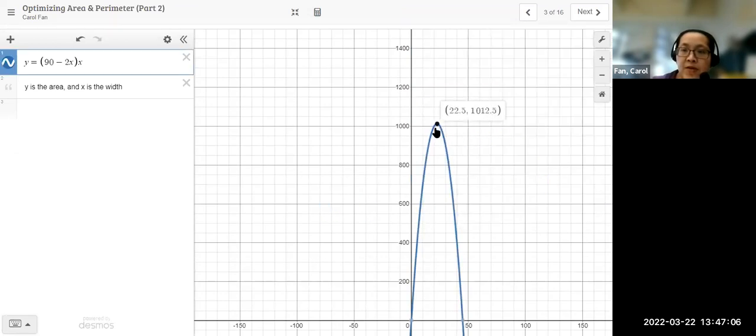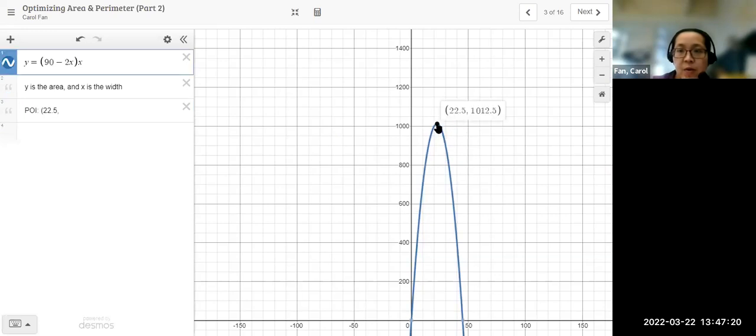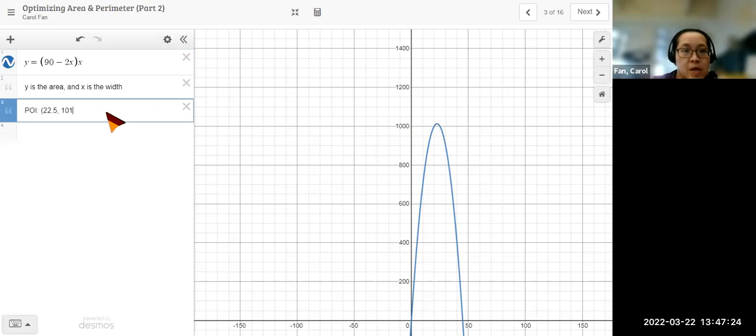Okay, so we zoomed out. Point of intersection: 22.5 and 1012.5. Okay, so we know that this is the width and this is our area.